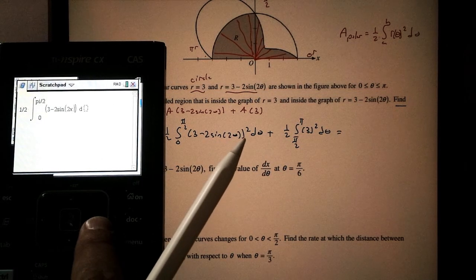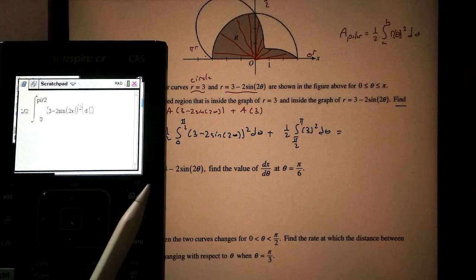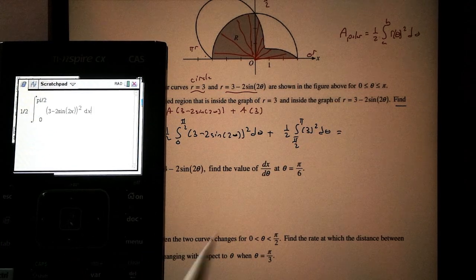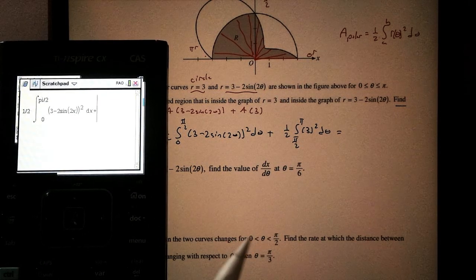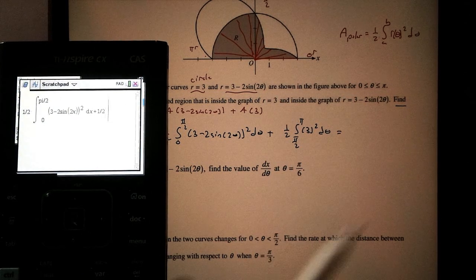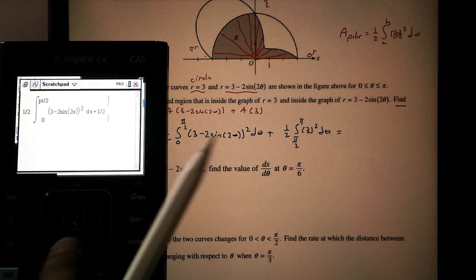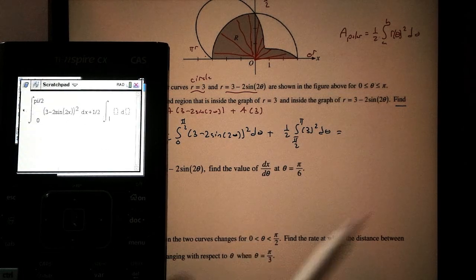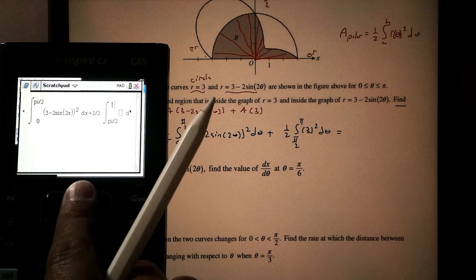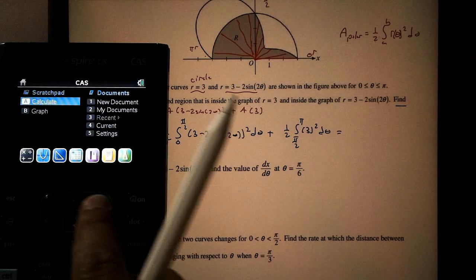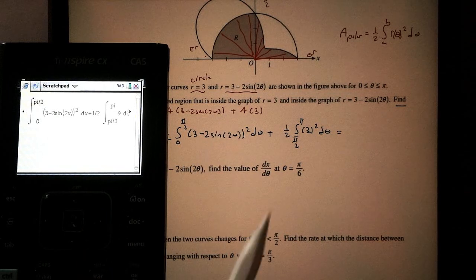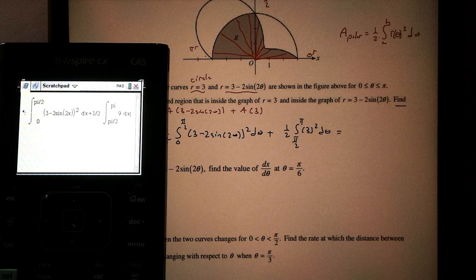Make sure it matches up, and on the outside, all the way on the outside, square that. dx, click out, and we go plus 1/2 times this little area right here, menu, 4, 3, and this becomes pi over 2 to pi, and 3 squared is just 9, dx. And if we press enter, we should get our answer here.